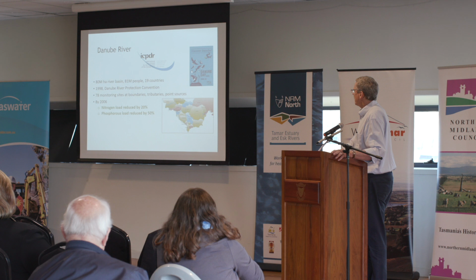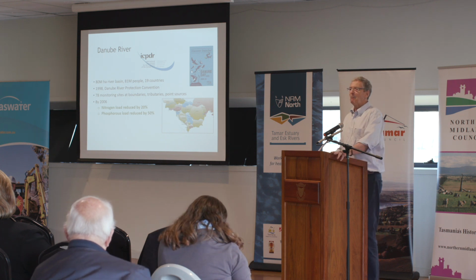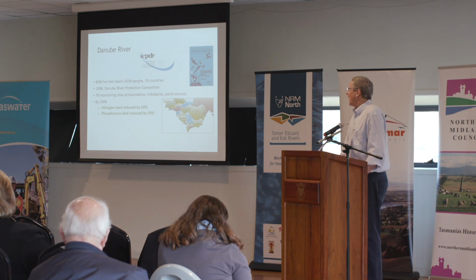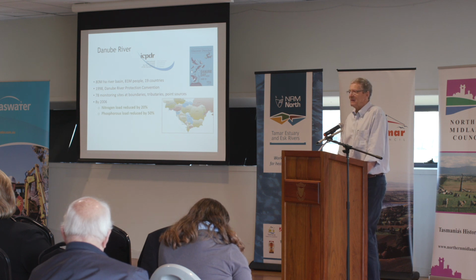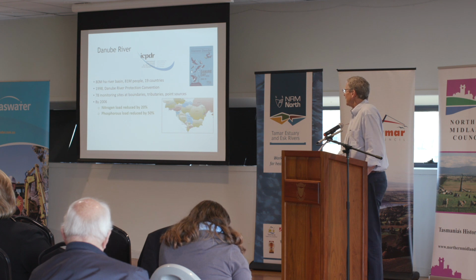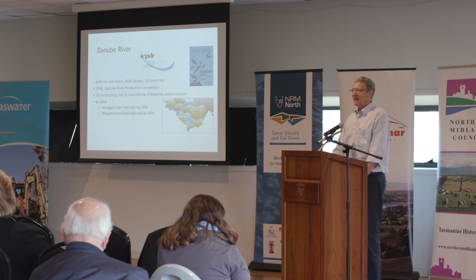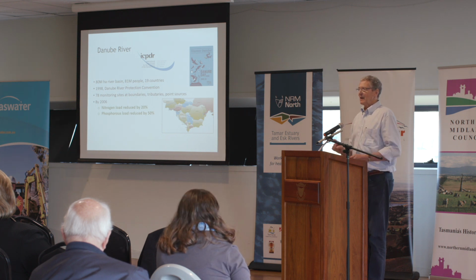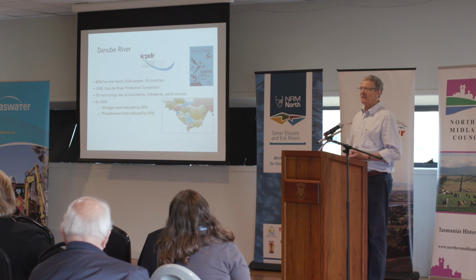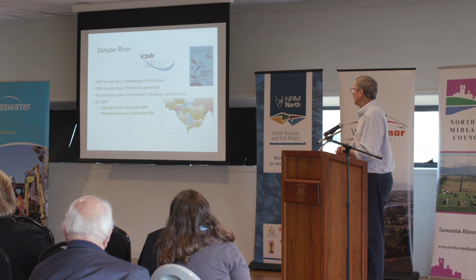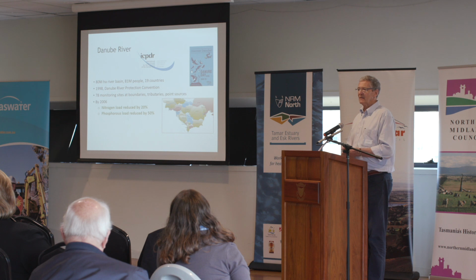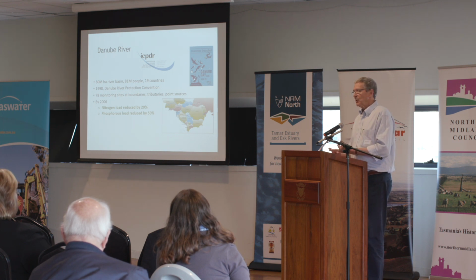My last one, the Danube River. Now, this is the most international of all rivers. 80 million hectares in the river basin, 19 countries, 80 million people living around it. Somehow, they held a convention in 1988 and all 19 countries signed on. And they agreed on monitoring methods and indicators. They also agreed on 3 criteria for monitoring sites: international boundaries, tributaries, and point source pollution.